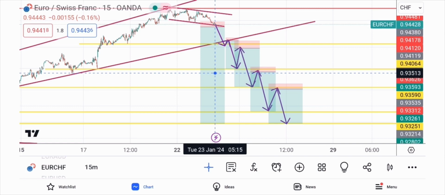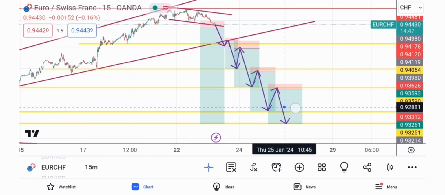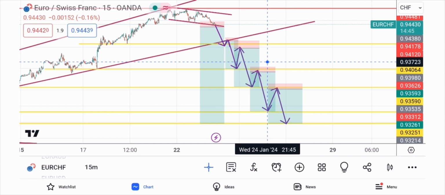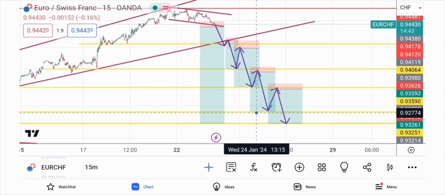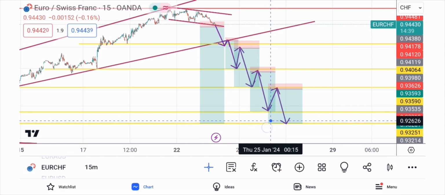But when you understand the market structure, you know what to expect, and you would know how to approach or how to attack these things. You get my point. But this is what I mean when I say within a major target, we are expecting to bank smaller targets from the major target.